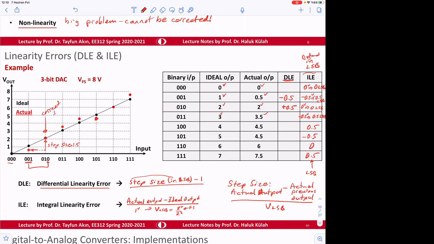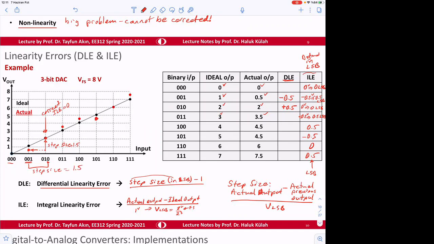In terms of internal linearity error, okay, so this is equal to 0. But this step size is equal to 1.5.